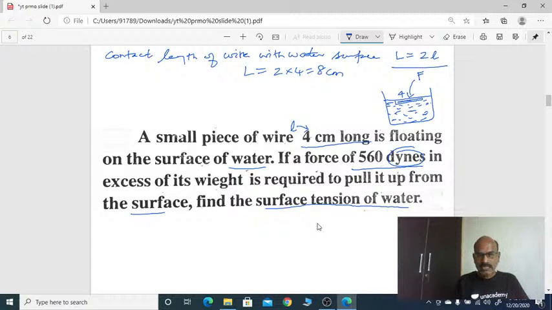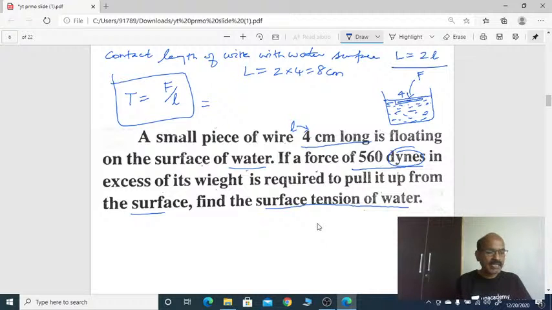Now the question is the surface tension of the water. We know that surface tension T equals force per length. Now the force is 560 dyne. So 560 by L, which is here 2L, 8 centimeter.